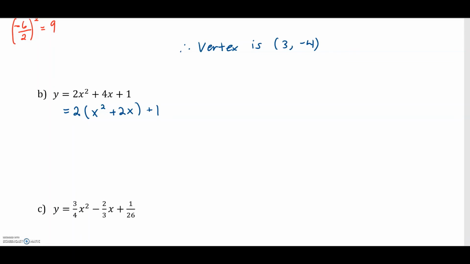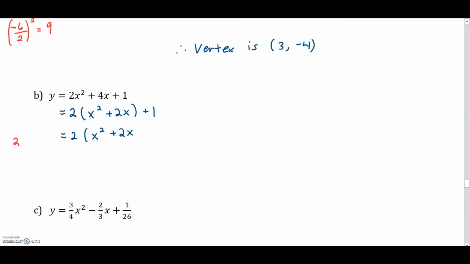Now we want to complete the square. So create a perfect square trinomial, and we have x squared plus 2x. In order to complete the square, we must take the middle term of 2, divide it in half, and square it. And that gives us a value of 1 that we're adding into the equation. Don't forget we still have the plus 1 from the original equation.